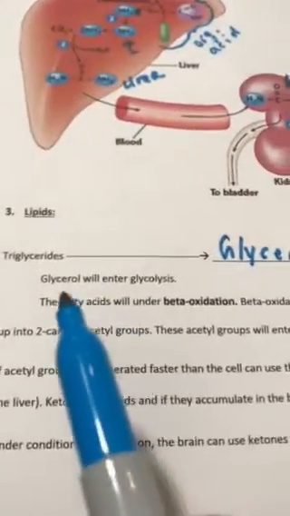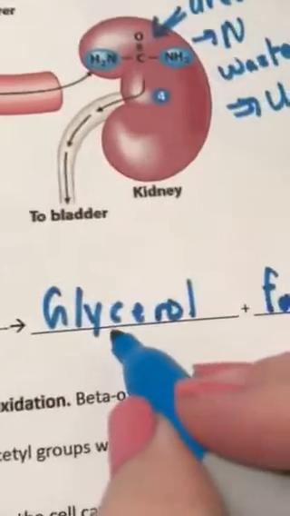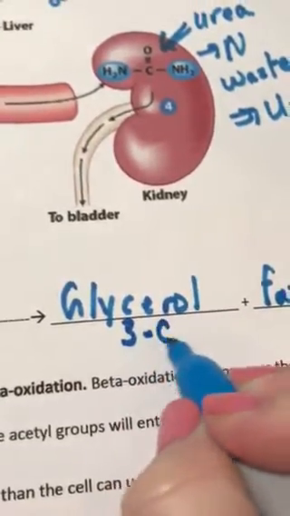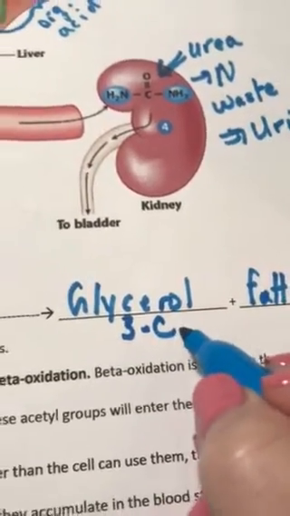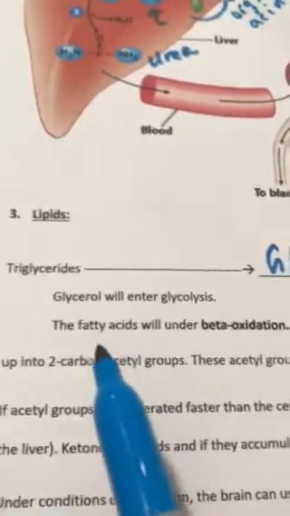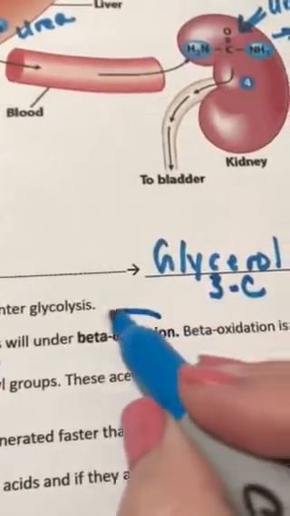So to continue, the glycerol will actually enter glycolysis. Glycerol has 3 carbons attached to it, so it's very similar to pyruvate. So it's going to enter glycolysis just as pyruvate would. The fatty acids, however, are going to undergo beta-oxidation. So that's a term you want to know.